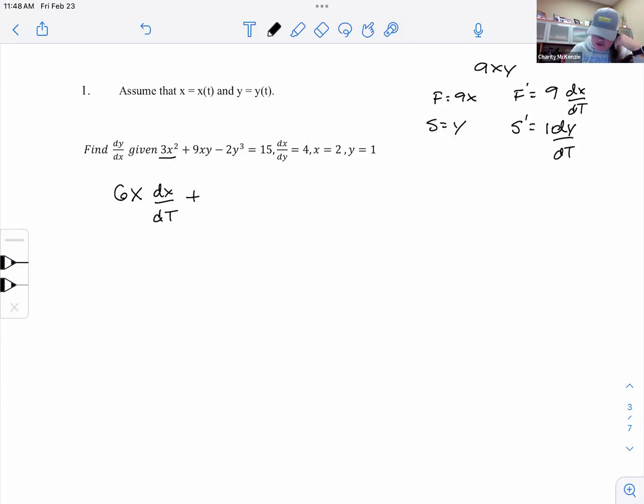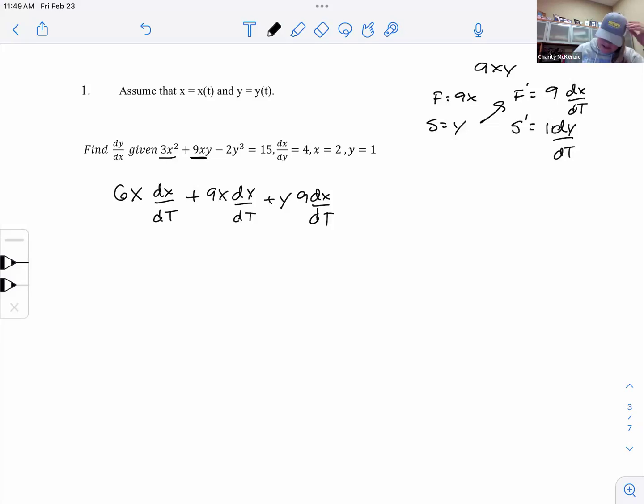Okay, so let's multiply those together. We're going to have 9x times dy/dt, and then the other part is 9 dx/dt times y. So maybe I want to write that as y times 9 dx/dt. Okay, that's just that one term.